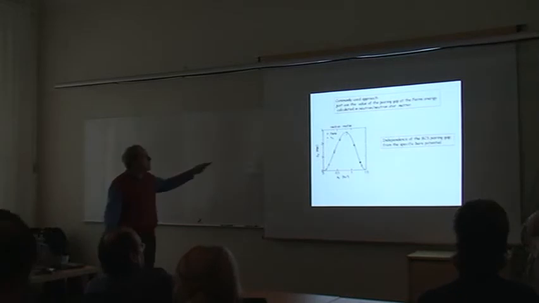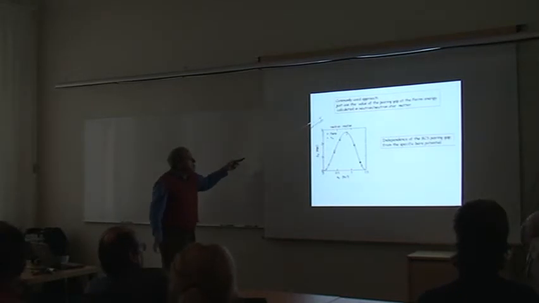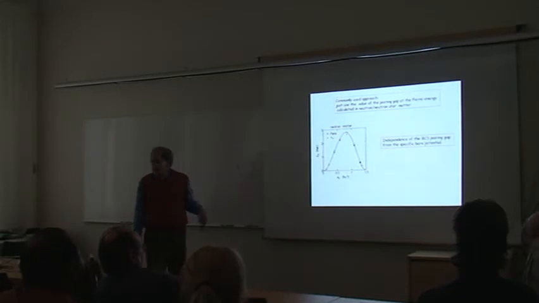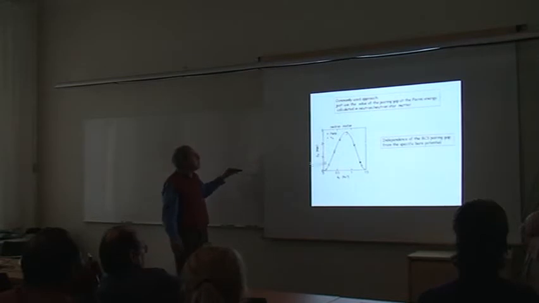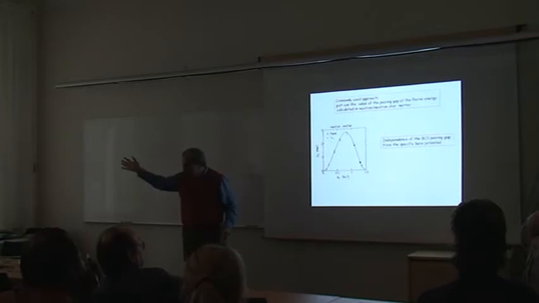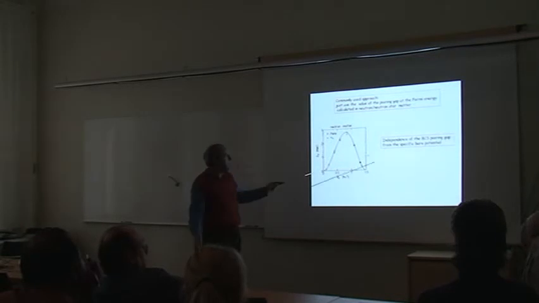This is a crucial point, as I said at the end of your talk. Take the commonly used approach. You have this well-used bell-shaped curve that everybody has seen so many times, and this is the gap. The gap is the Fermi energy calculated within BCS theory in neutron star matter, an infinite, homogeneous system.